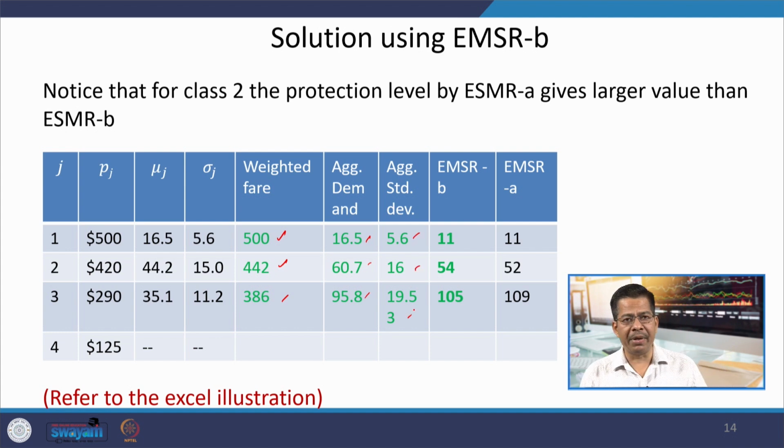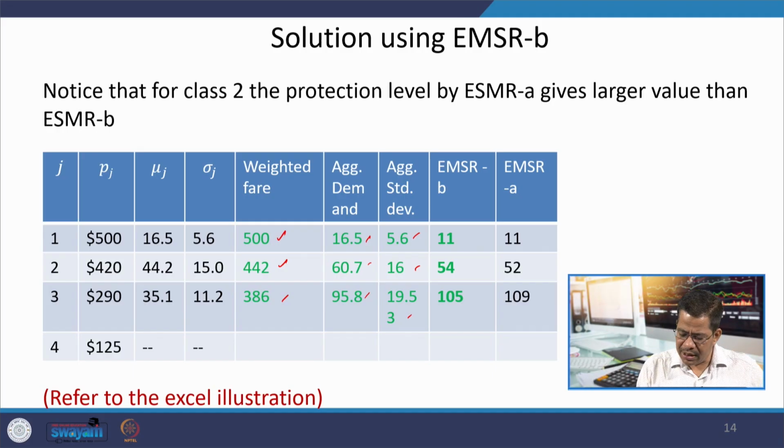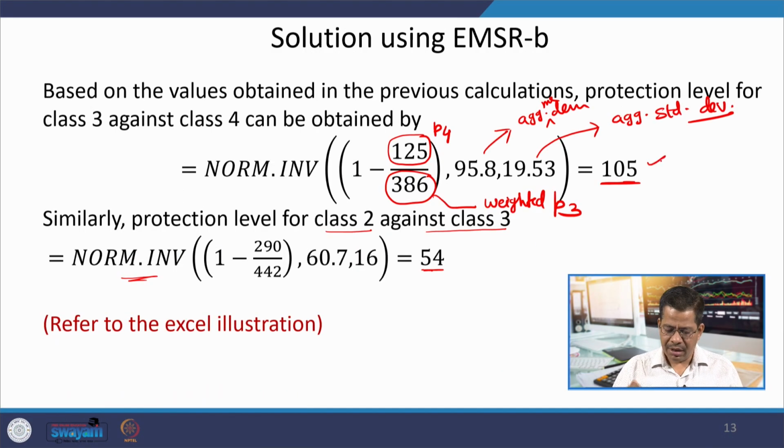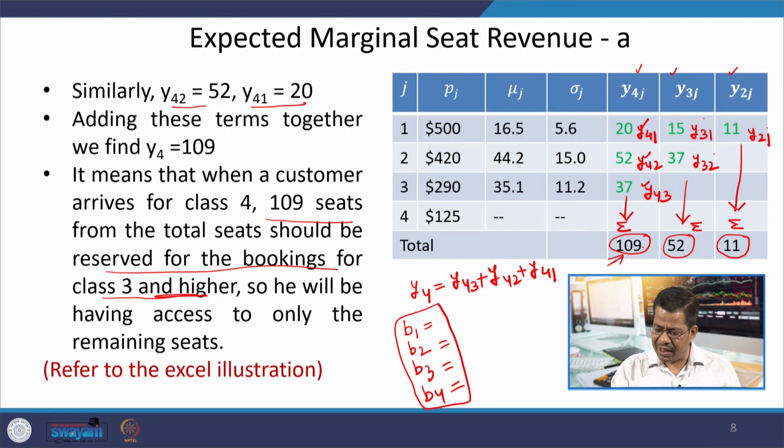Now, when I compare EMSR A and EMSR B, you see that the protection level for class 3 using EMSR B comes to 105. We just saw this calculation. There is no need of doing the summations which we did to get 109 for this particular class, where we calculated 3 protection levels and then summed them.